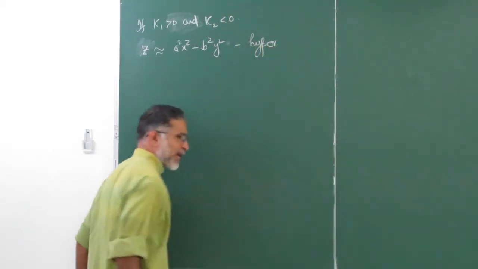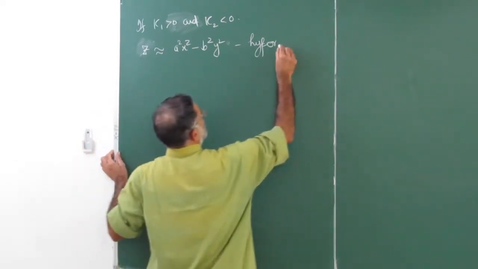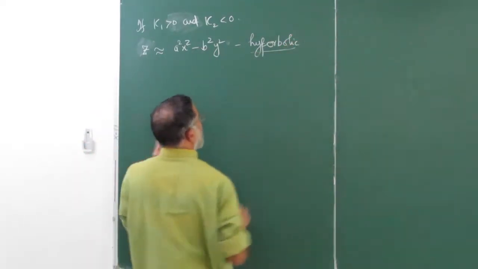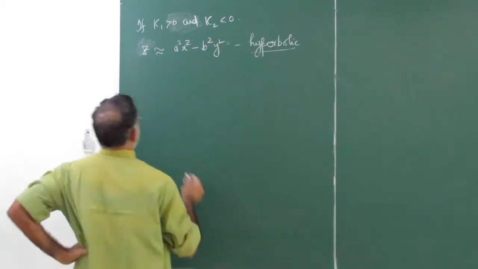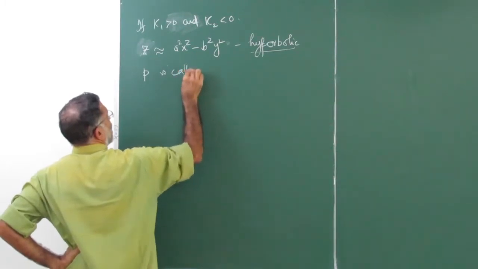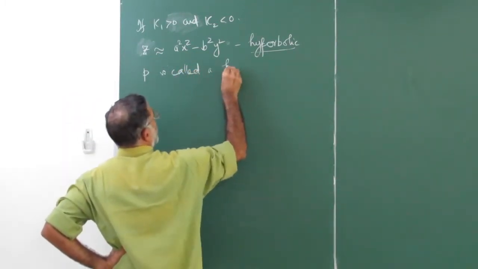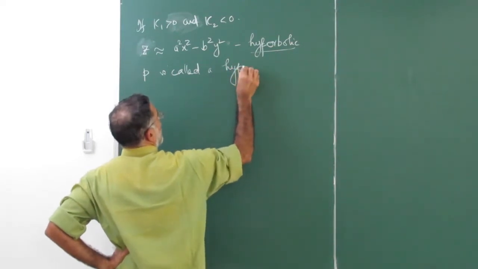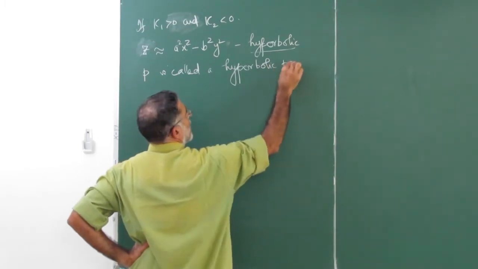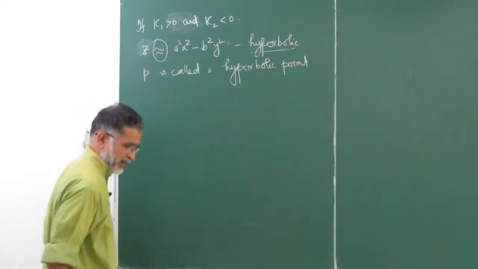I mean, this is the behavior just around the point, and that too approximately. Such points are called hyperbolic points. So P is called a hyperbolic point. Don't forget, it's still only an approximation.